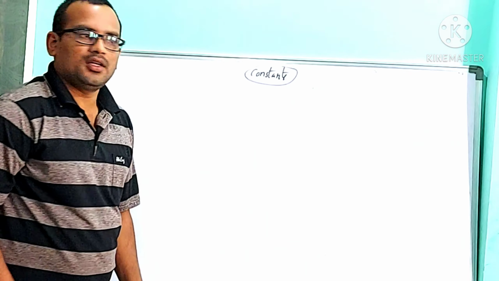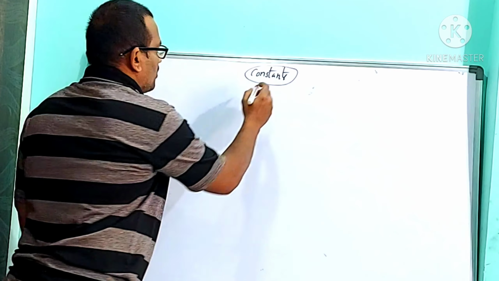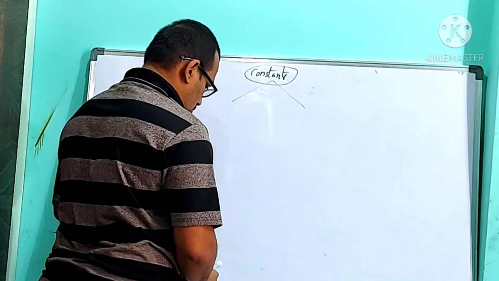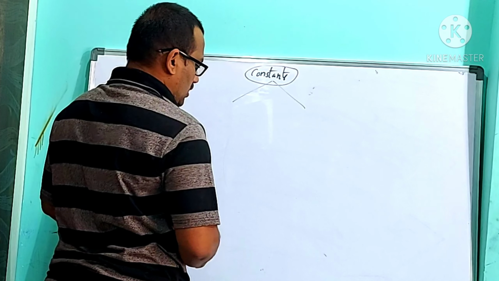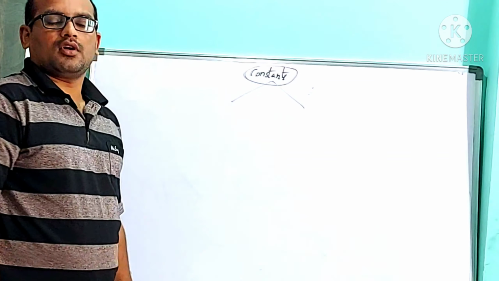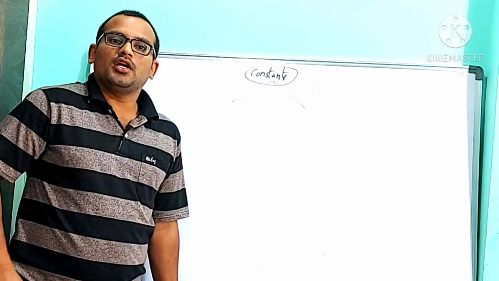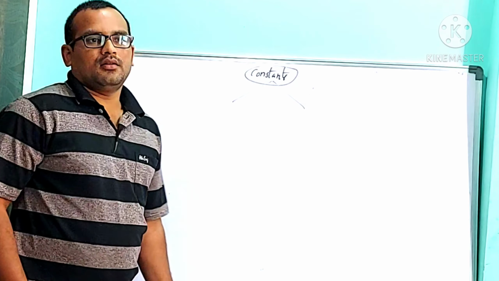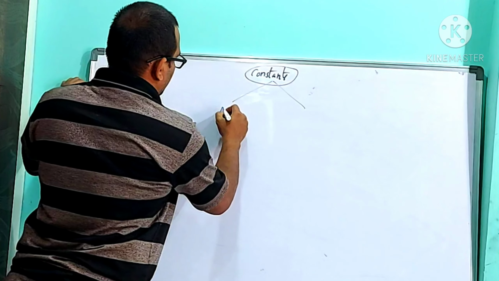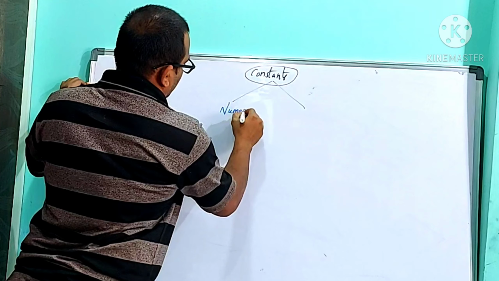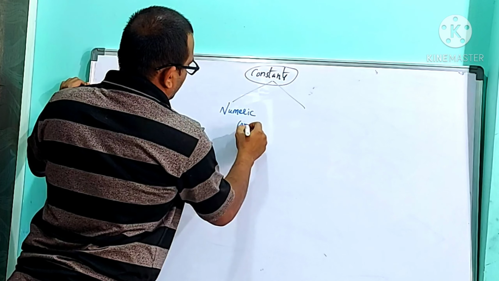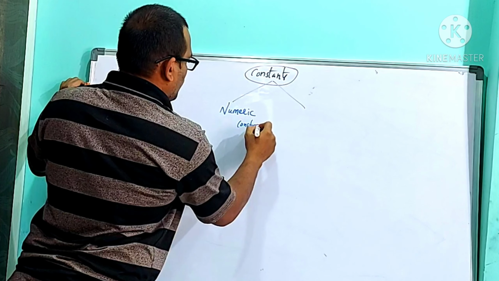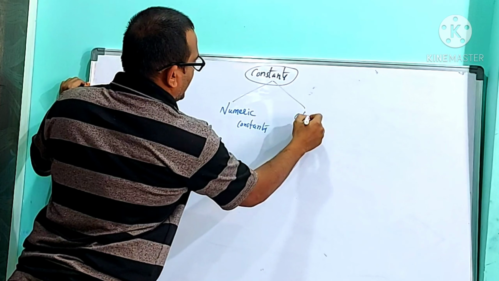Constants are classified into two types: numeric constants and character constants.